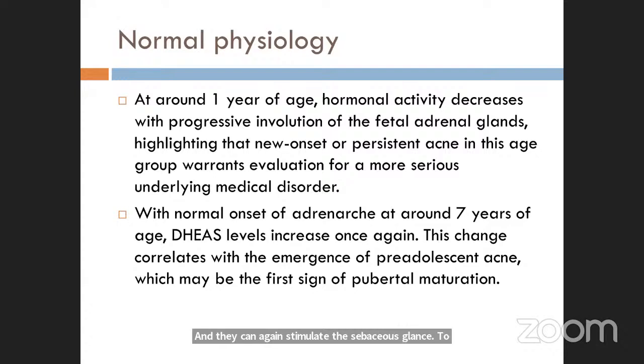So up to 1 year of age and from 7 years of age onwards, hormones can be physiologically active and can lead to acne. So it is between 1 year of age and 7 years of age, that is the mid-childhood age group, that hormone activity is nil. And physiologically, we should not be seeing any acne. Next slide, sir.